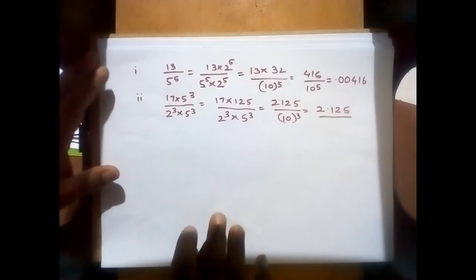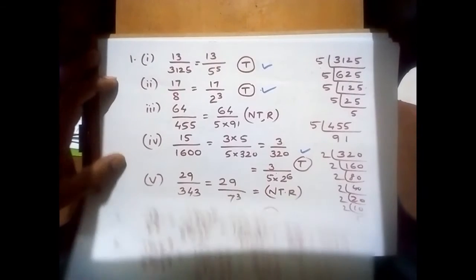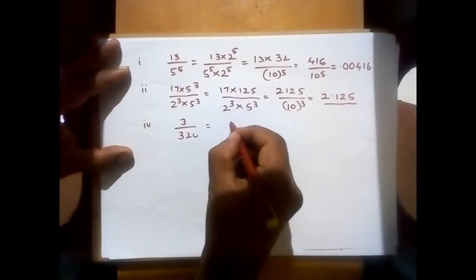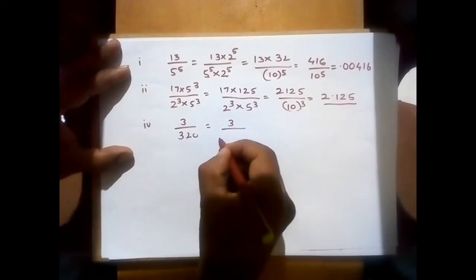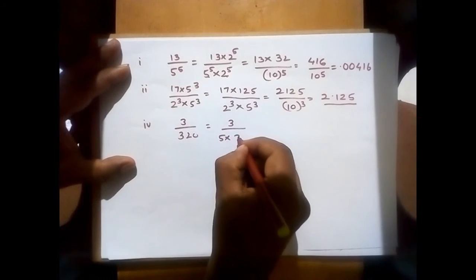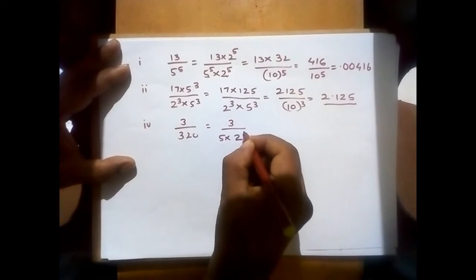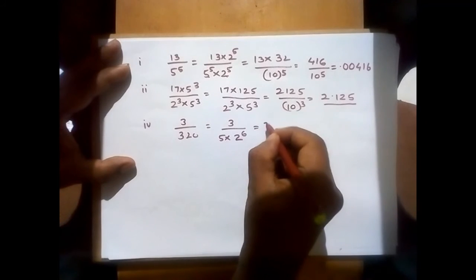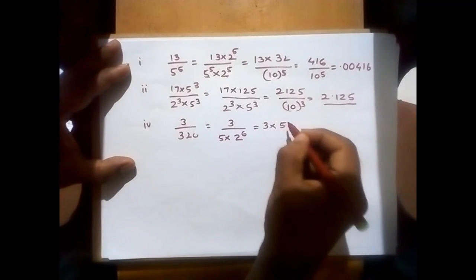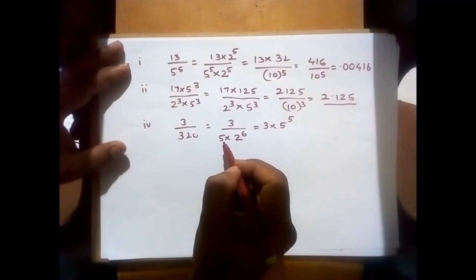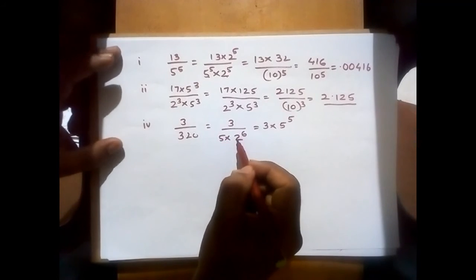Now we have fourth question, terminating, 3 by 320. So this can be written as 3 divided by 5 into 64, where 64 is 2 raised to 6. So this is equal to 3 into 5 raised to 5, which I have to add, because here only one 5 is there and there are 6 2's.